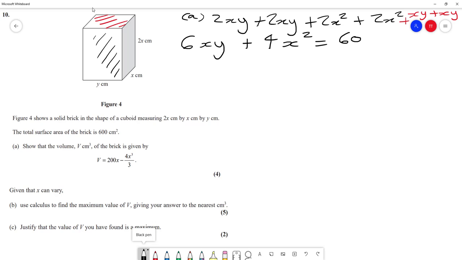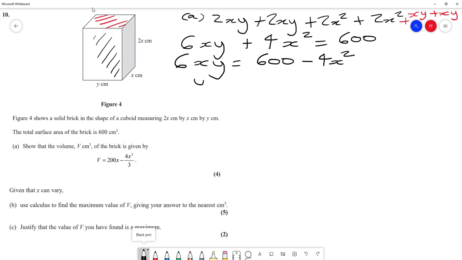Now notice, in the final answer of the volume, they don't have a y. That means y has been eliminated. So what I'm going to do in my case here, I'm going to make y the subject. So 6xy equals 600 minus 4x squared.